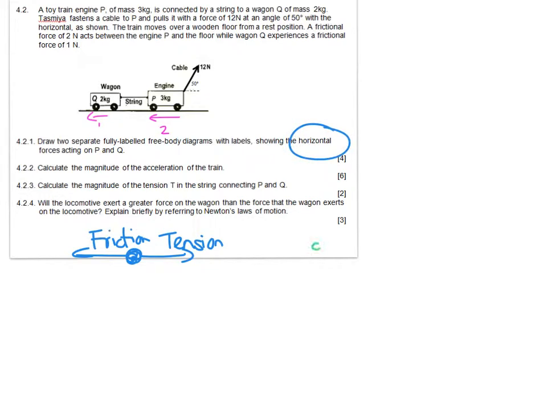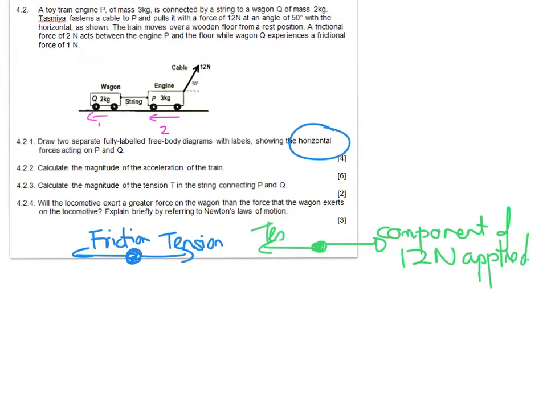The next one, there's going to be the component of 12 newtons applied force. There will be tension acting backwards, and there will be friction acting backwards. Or frictional force is better, I suppose. Tension force would be better, but okay.